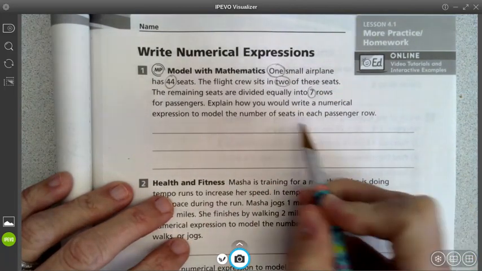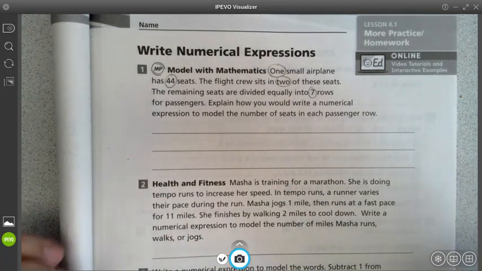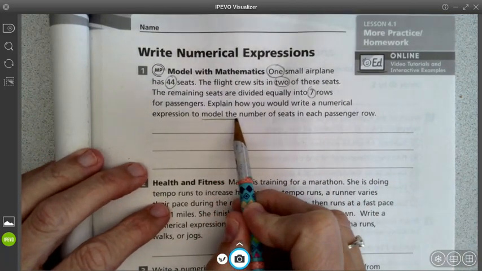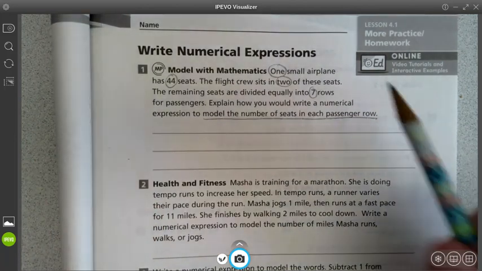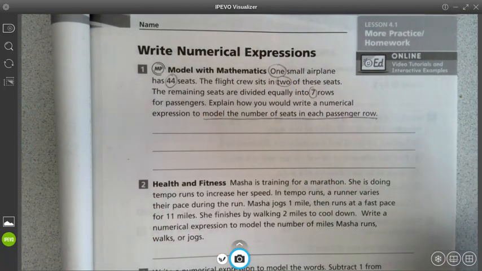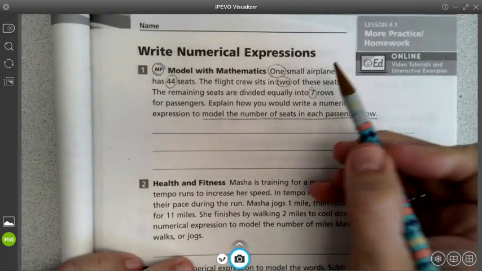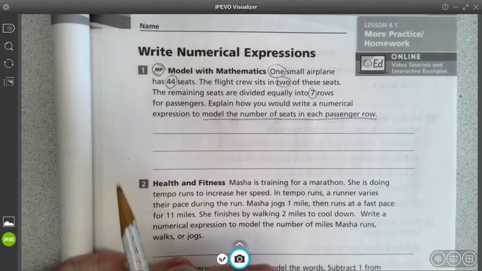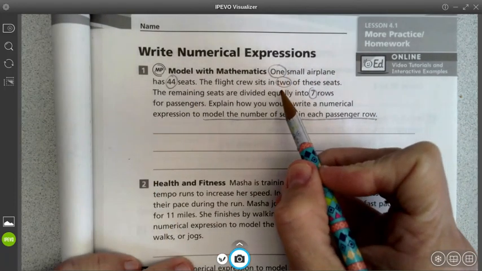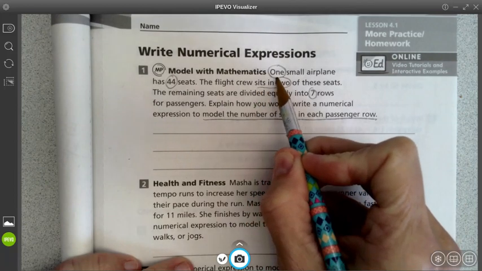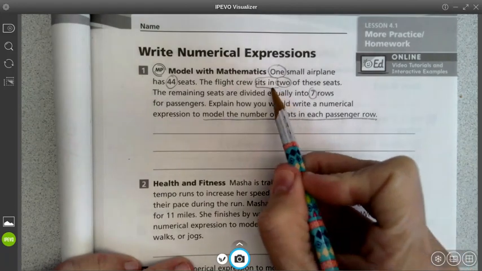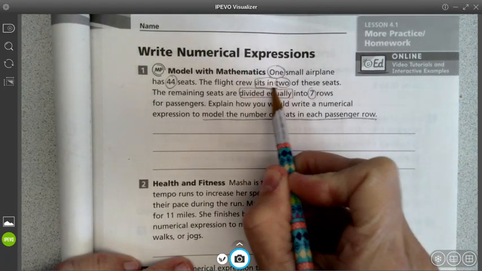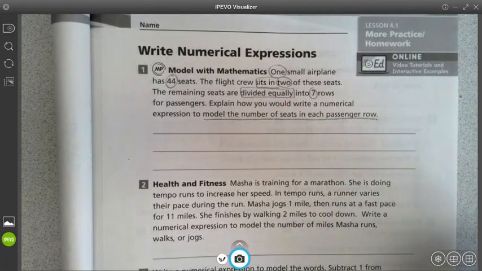And we are explaining how we would write a numerical expression to model the number of seats in each passenger row. So I've got my number words and my numbers. We're talking about a small airplane with seats. The flight crew, I think it's important that they sit in 2 of those seats. And then the rest of the seats are divided equally into 7 rows for passengers.